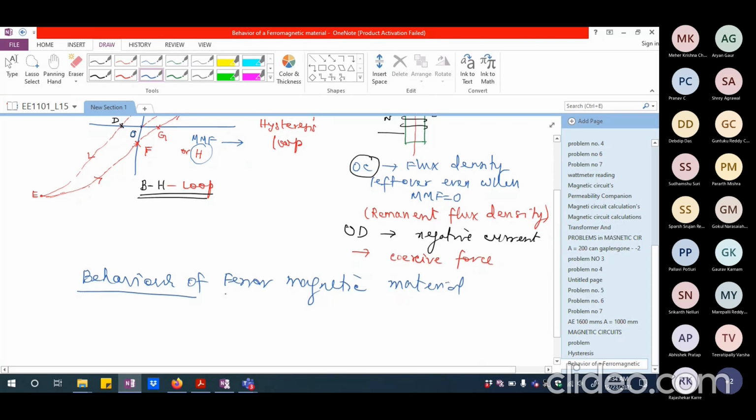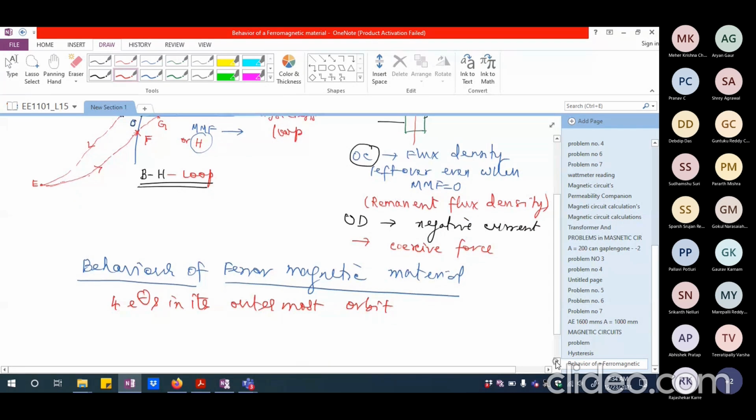If you look at iron, iron generally has 4 electrons in its outermost orbit. Normally the electrons, apart from going around the nucleus, also have a spin around their own axis. So all the electrons spin as well. But in other elements, if I have 4 electrons, all of them will spin in all sorts of different directions.